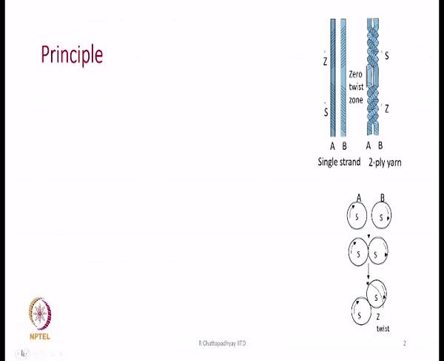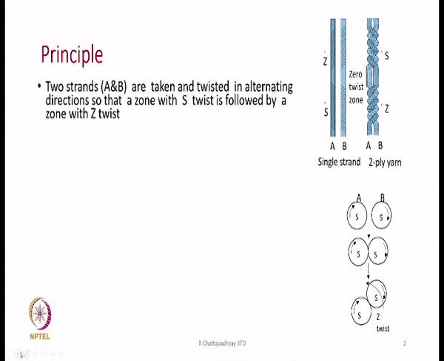Now, on the right hand side we are showing a diagram. First, suppose there are two strands A and B, okay, and then in these two strands we are imparting twist in both S and Z directions.